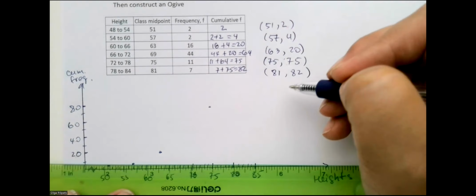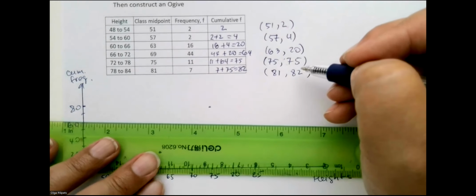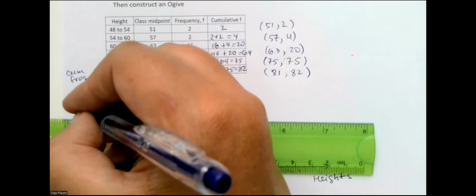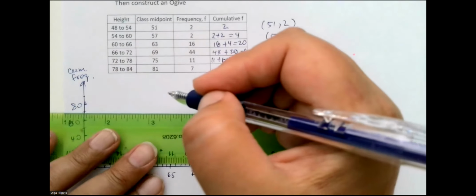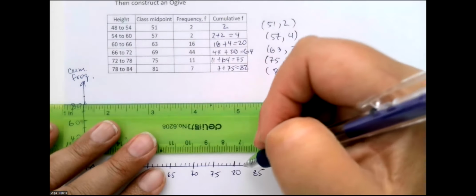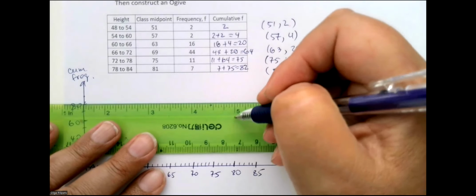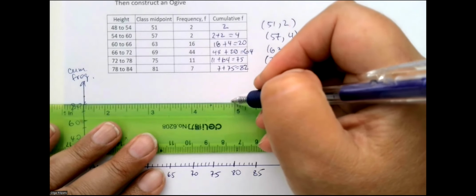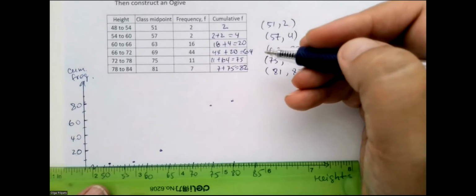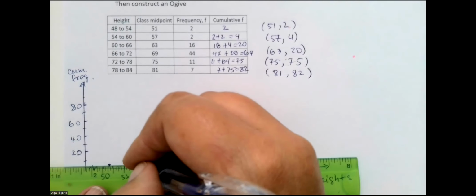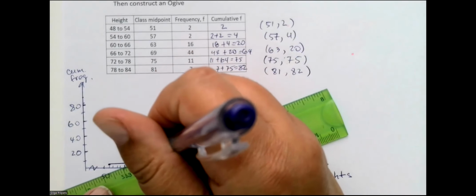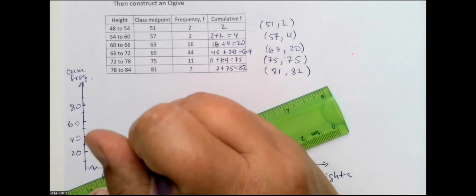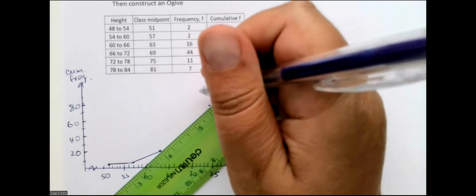And the next point is 81, 82. So this would be 90, so 82 would be like here, and 81 on the X right here. And then I'm going to connect those points, and that will give me my ogive.